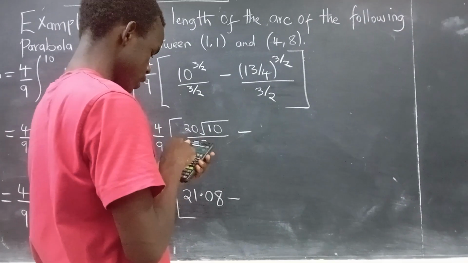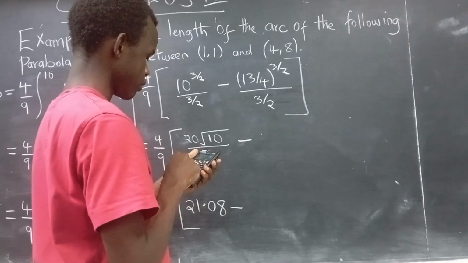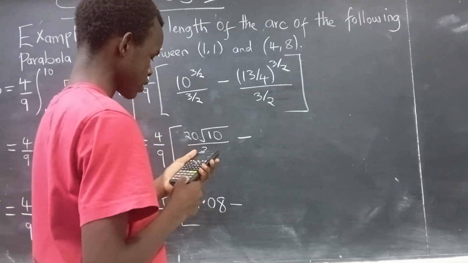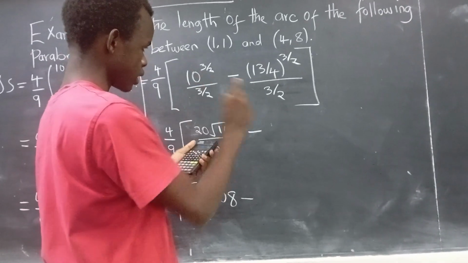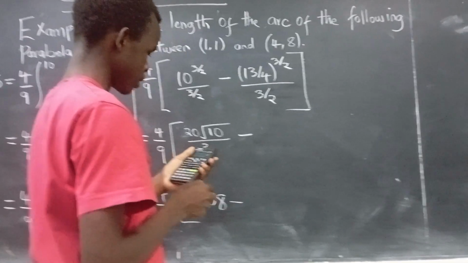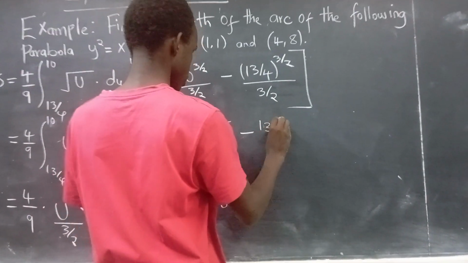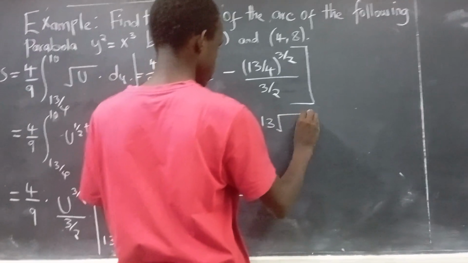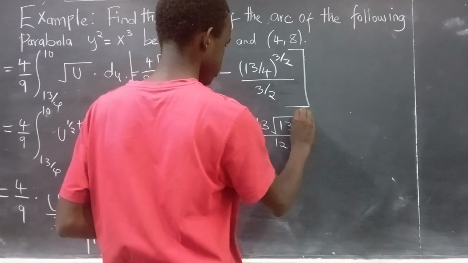Then I cube that 3.25, then I find the square root of the answer and divide it by 1.5. I'll get my answer as 13 square root of 13 divided by 12.